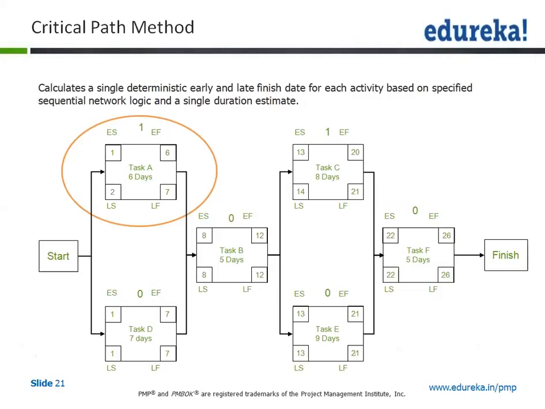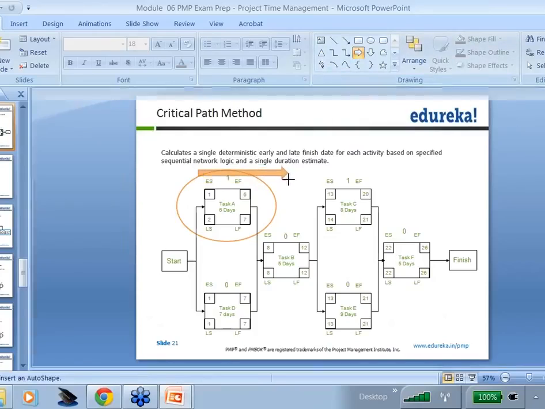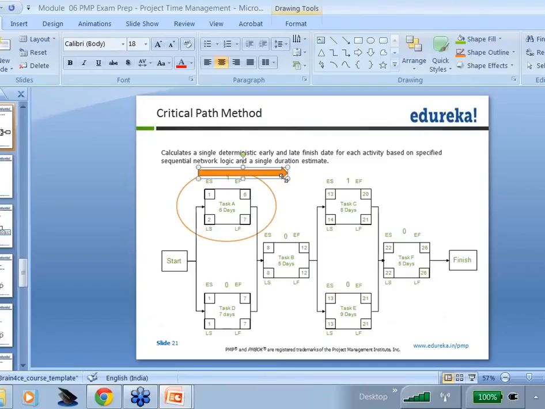Now what is backward pass? Backward pass is when I travel back from the late finish to the late start, in the reverse direction. Are you getting me? Okay. Let me draw another picture for you. If I'm going in this direction, then this is called the forward pass when I'm going from early start to early finish.